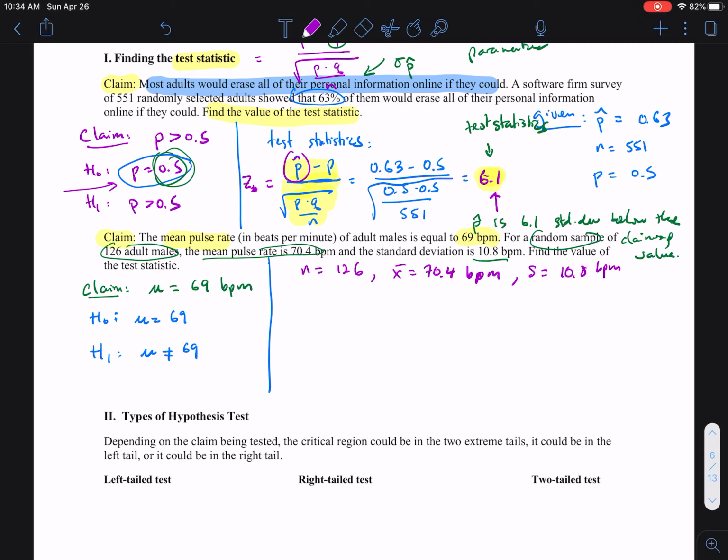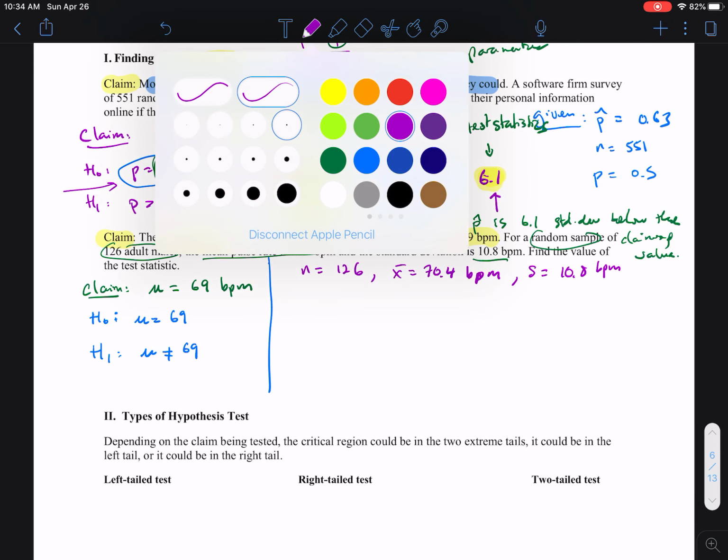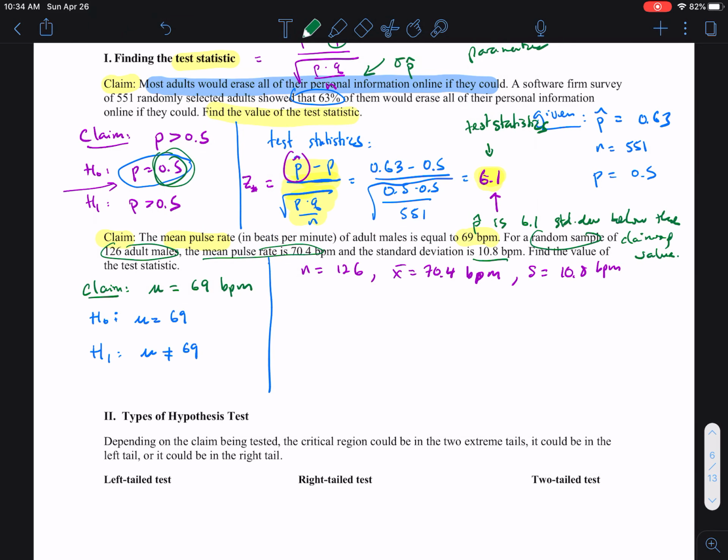Here is the formula for the test statistic regarding the mean. We're going to call this t star.